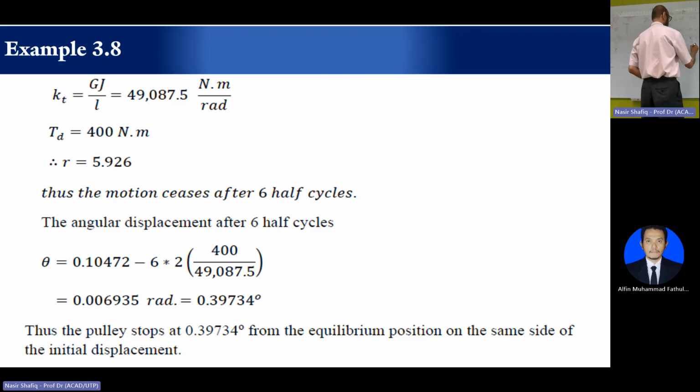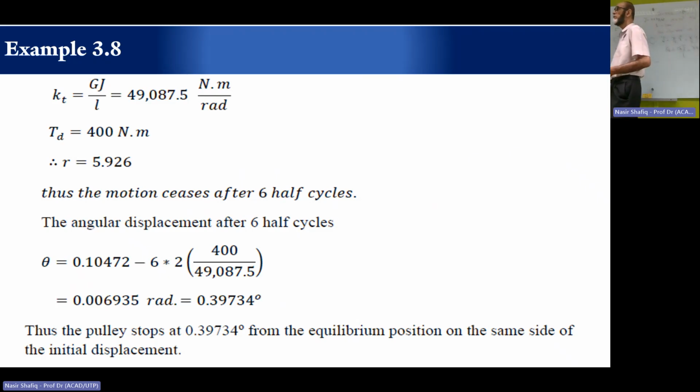So G I'm taking as 79.3 into 10 to the power 9, multiplied by pi by 2 into 0.025 to the power 4, divided by 1.